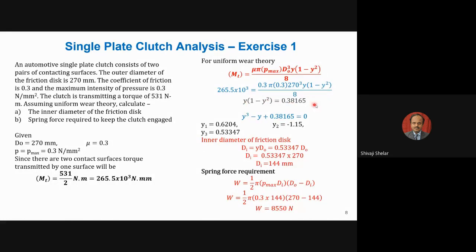Then y coming on this side will become minus y, plus 0.38165 is equal to 0. So left side will be equal to 0 here. Now you have to solve this cubic equation. How to solve this cubic equation? You can use your calculator, or I'm using here the internet to solve this equation. I'm showing you how these answers have come. Let's take this answer.